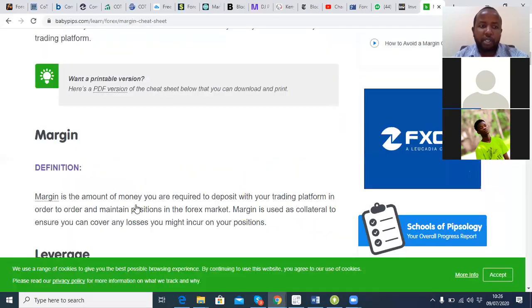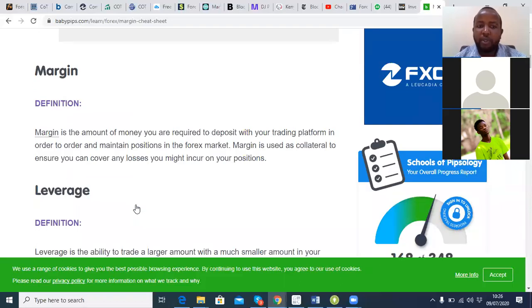So this is margin, the amount of money you're required to deposit. Anytime you deposit money in your account for trading, that is where margin comes in, in your trading platform. In order to maintain positions in the forex market, it is used as collateral to ensure that you can cover any losses you might incur.